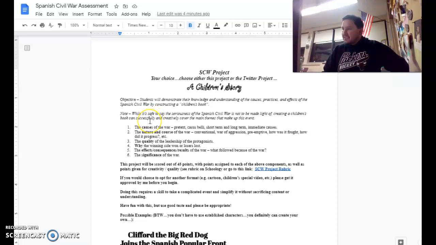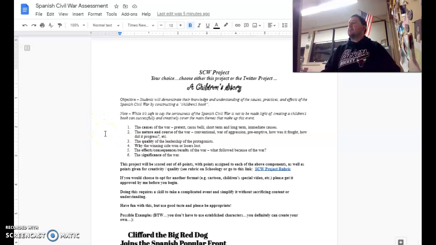These are ideas that you can use, but if you choose to write a children's story, just recognize that these topics, the rise of fascism, the war itself, 500,000 people die, these aren't funny. You can certainly make light of some parts of it, but at the same time, you really got to be careful how you do this, because these are serious topics and have significant consequences.